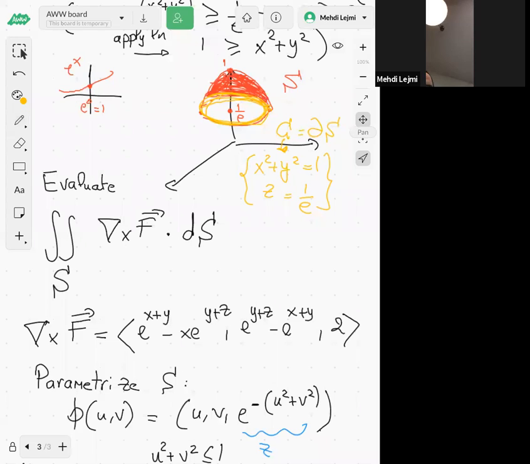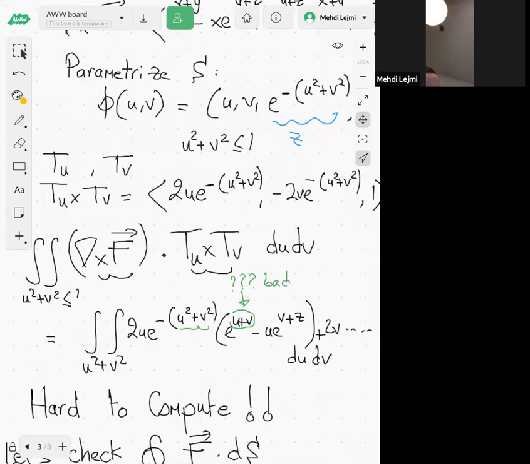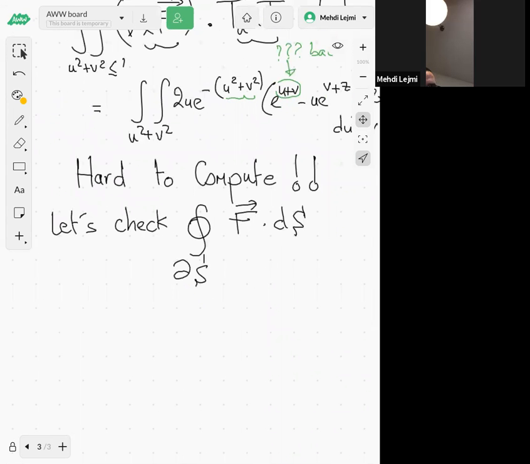So let's parameterize the boundary of S. As I said, this is a circle, x squared plus y squared equals 1, and then z must be 1 over 8.